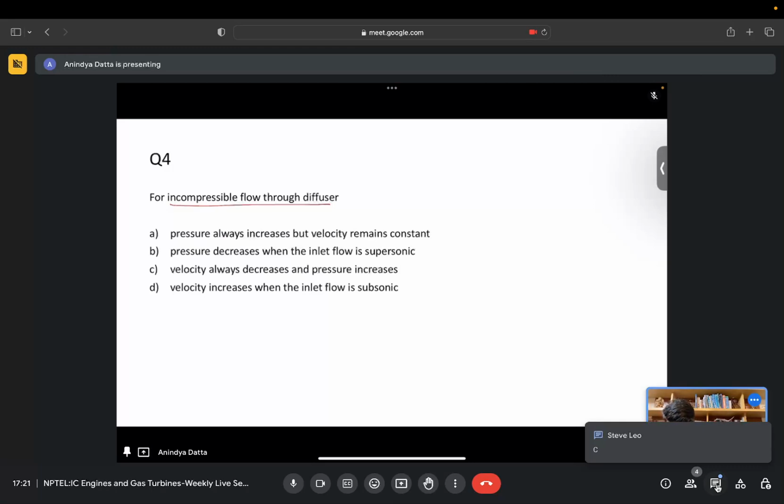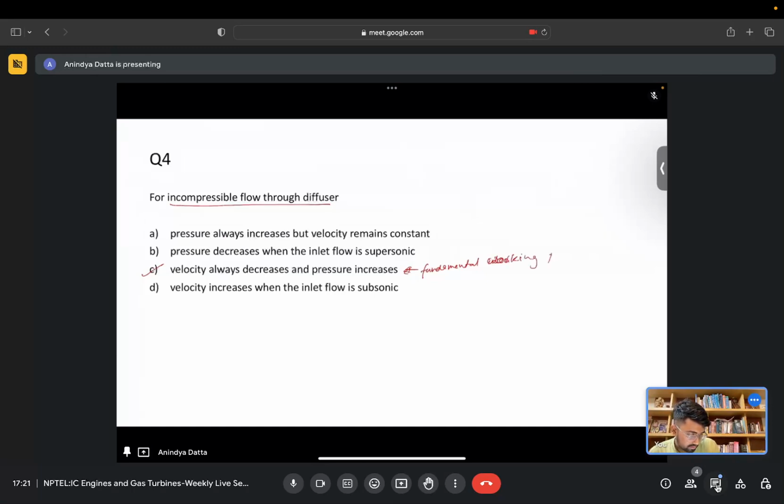Yeah, right. The correct answer is option C. Velocity always decreases and pressure increases. This is the fundamental idea, or working principle, of a diffuser.